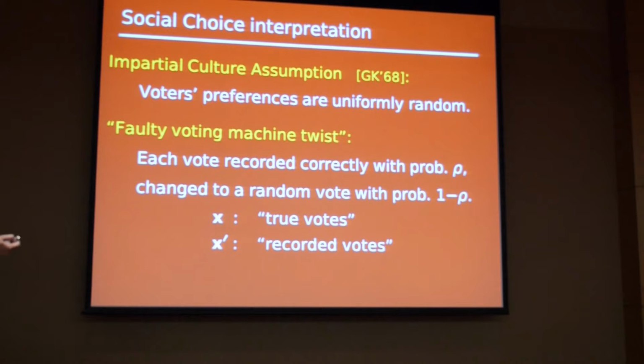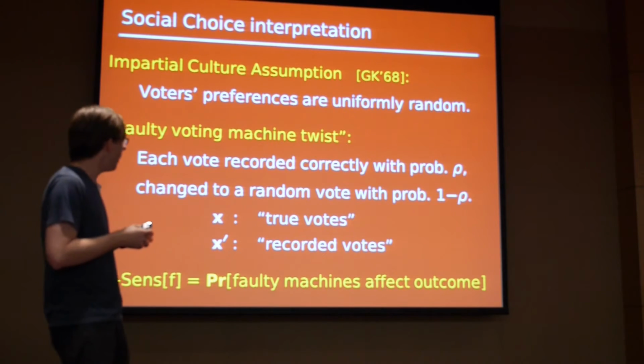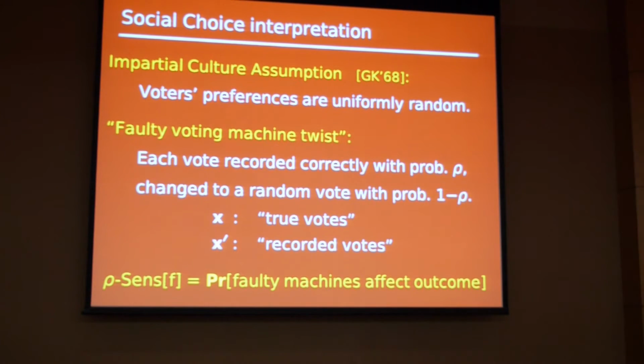And therefore, the rho sensitivity, which is the probability f of x differs from f of x prime, is really the probability that the faulty voting machines affected the outcome, that the announced winner, f of x prime, differed from the true winner, who was supposed to win, f of x. So it's natural, if you're worried about guarding against faulty voting machines, to look for the voting rule f which minimizes this rho sensitivity of f.